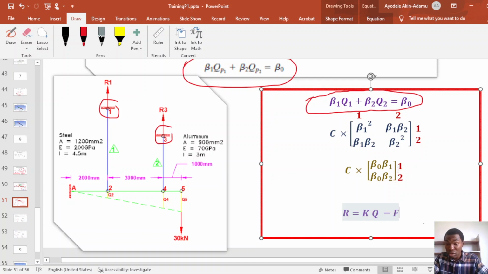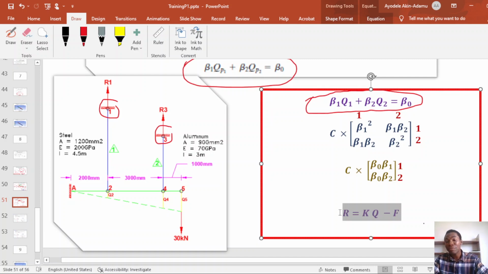So you get your Q matrix from that. And you can also determine the reaction at all supports in your finite element model with this equation.